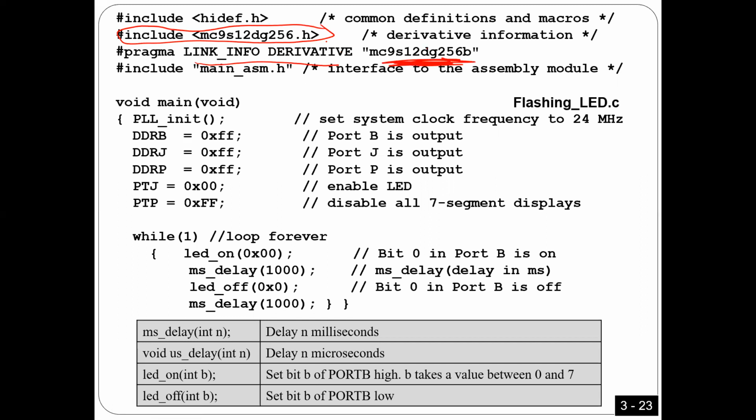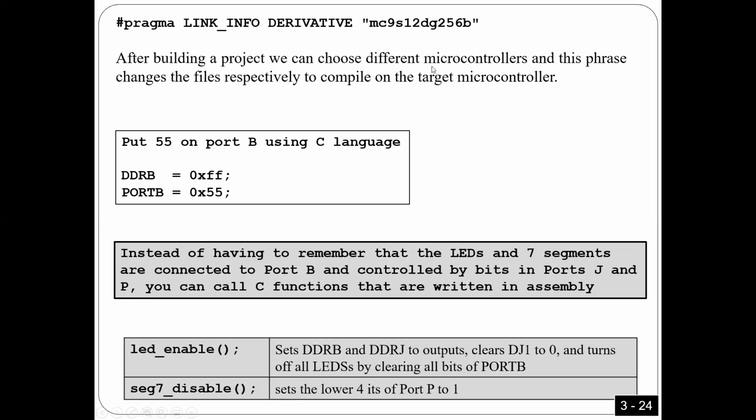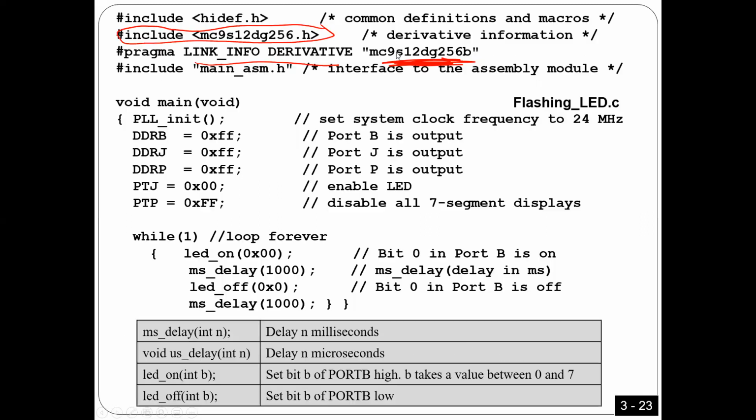You have to write this instruction this way to tell the code which one, because it can be used for different processors and microcontrollers. So I have to tell which one this is. I told you before, this is the number of our microcontroller, this one. Anyway, this is the program here in C language.